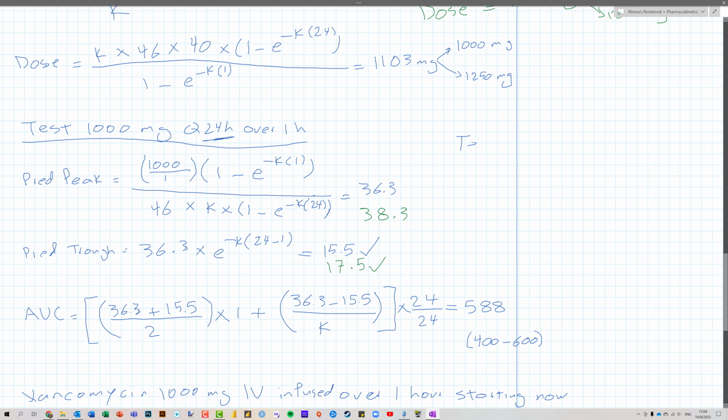Now, if you had tested the other possible dose, so let's say you want to do 1250 milligram every 24 hours over 1.5 hours.